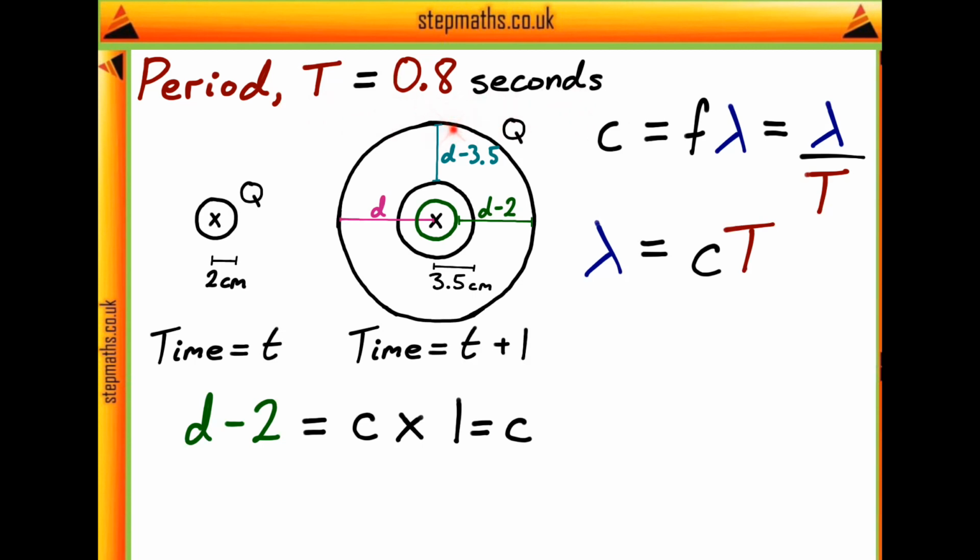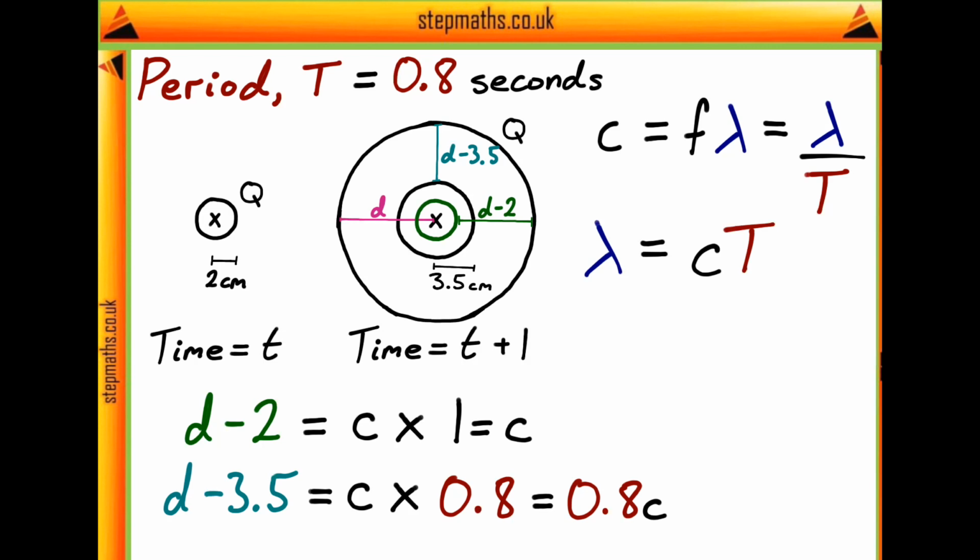So the time between wavefront Q and the second wavefront being produced is 0.8 seconds. So for this distance, D minus 3.5, the wave has moved across a period of 0.8 seconds, and therefore, just as we did with our green distance, D minus 2, we can say that this distance, D minus 3.5, is equal to the speed multiplied by 0.8 seconds.